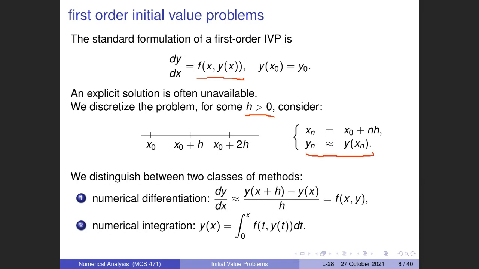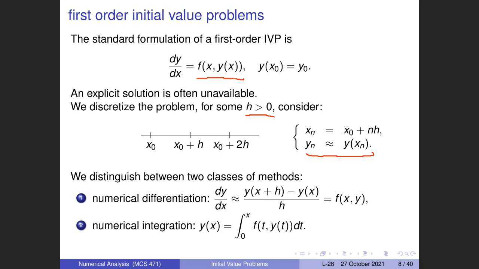H was a character that appeared very frequently in the last chapter, and it will keep on making its appearance. H is the step size here. On this discretization, we consider a fixed step size. Later on, we will see how to make variable step sizes. Two methods: we can apply methods from differentiation.